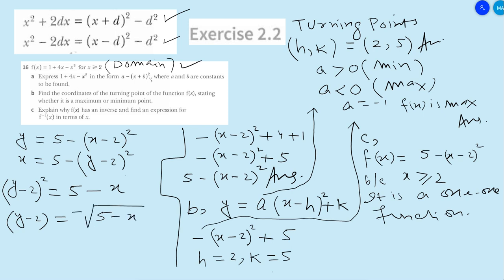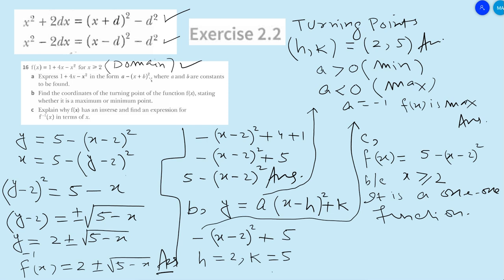And y is equals to, shift this minus 2 on the other side, 2 plus minus root of 5 minus x. Okay, and finally replace this y by f inverse x. It will be 2 plus minus root of 5 minus x. This is the complete answer of part C.